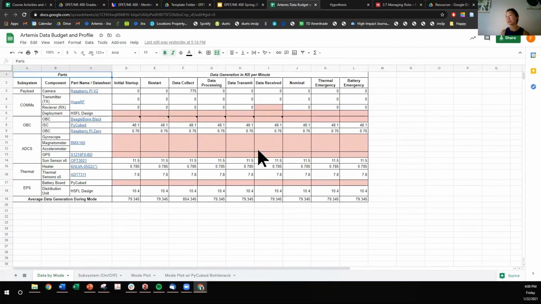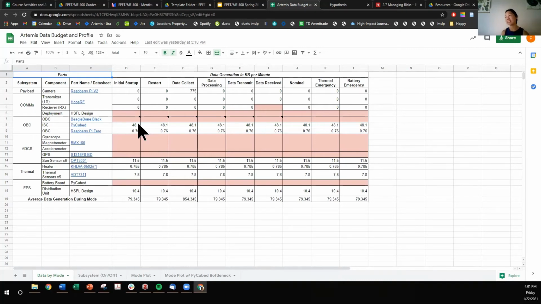So during the mission, there's a certain amount of data that the different subsystems generate that fill up the SD card. And it keeps accumulating on the SD card until you transmit the data back to Earth. So this is a way that we can make sure that our SD card does not overflow with data and we cannot store data when we need it.